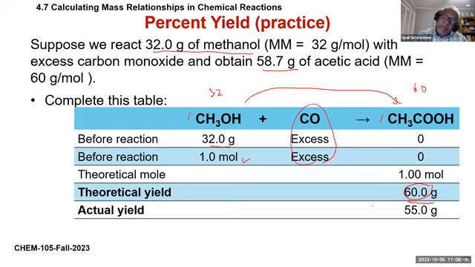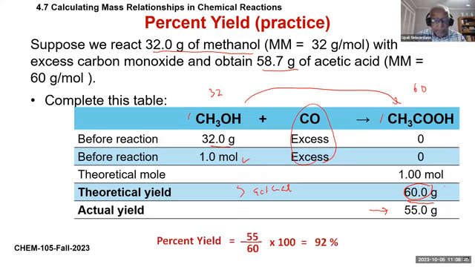Actual yield is what is obtained in the laboratory. That needs to be given to you. Normally theoretical is greater than actual. This is 60 is greater than 55. Therefore 55 divided by 60 multiplied by 100 gives the percent yield of the reaction.